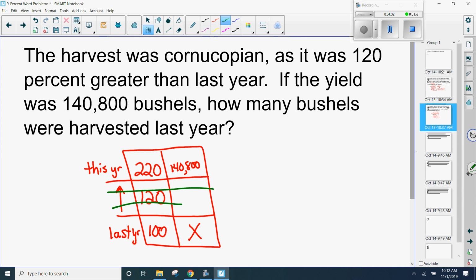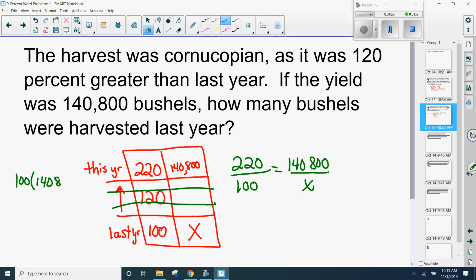And what you're going to do is you have 220 over 100 equals 140,800 over X. You're comparing this year to last year. The 120% is just the increase. So you cross multiply, which is going to be 100 times 140,800, and you're going to divide by 220.